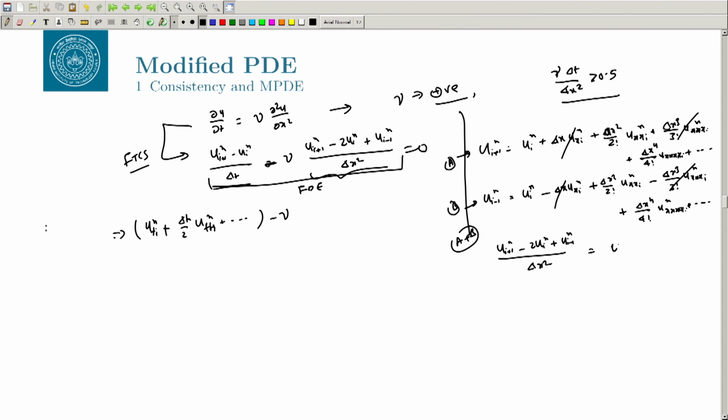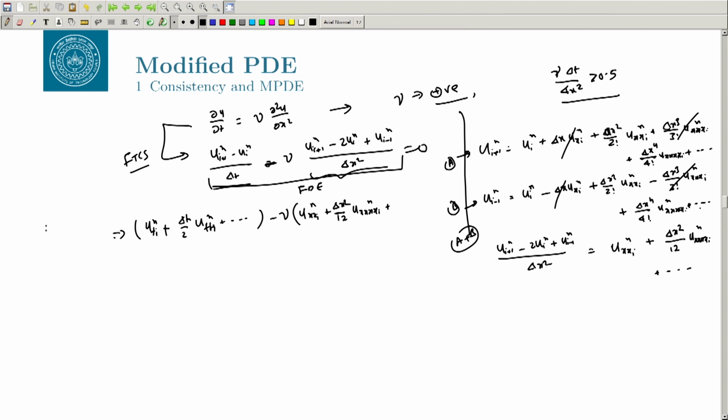So that becomes u_xx at i, n, and then there will be delta x square by 2 by factorial 4, which becomes 12, times the fourth derivative, and then there will be higher order terms. So this is u_xx plus delta x square by 12 times the fourth derivative plus higher terms.